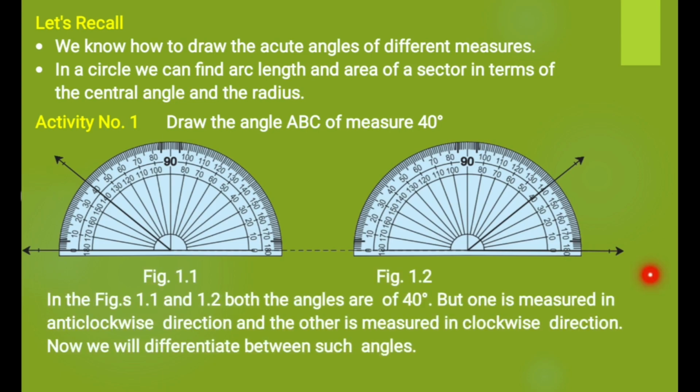We write here that in figures 1.1 and 1.2 both angles are of 40 degrees, but one is measured in the anti-clockwise direction and the other in the clockwise direction. Now we will differentiate between such angles.